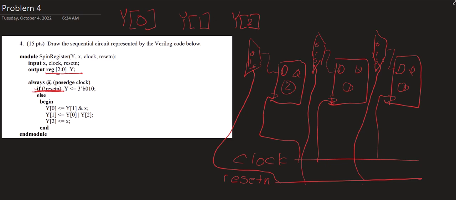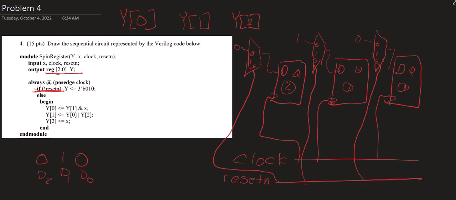So that means you're just going to have 0 going into the 0 input here, 1 going into the 0 input here, and 0 going into the 0 input there. So 0, 1, 0, this would be D0, D1, D2. Okay, so that's if reset in is 0.